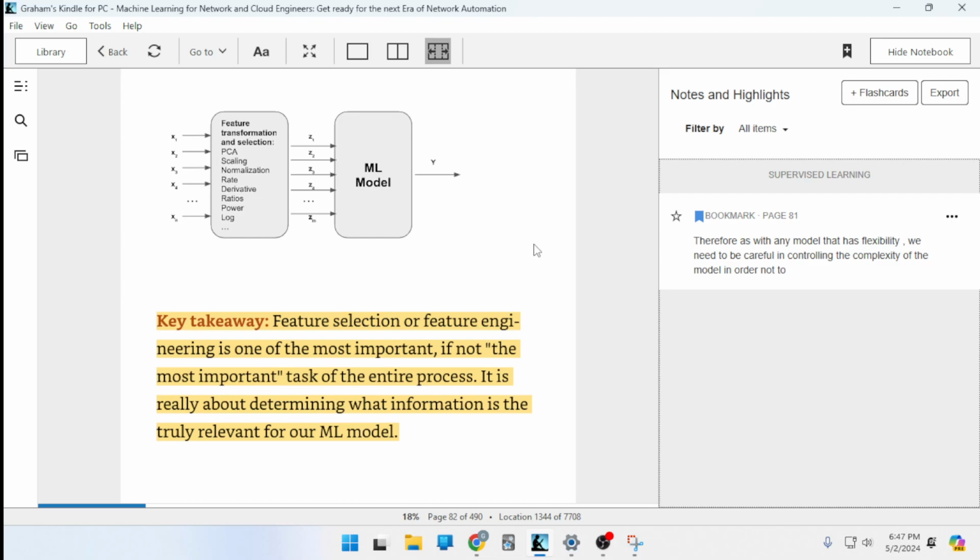But for now, this section has a key takeaway. Feature selection or feature engineering is one of the most important, if not the most important, task of the entire process. It is really about determining what information is truly relevant for our machine learning model.